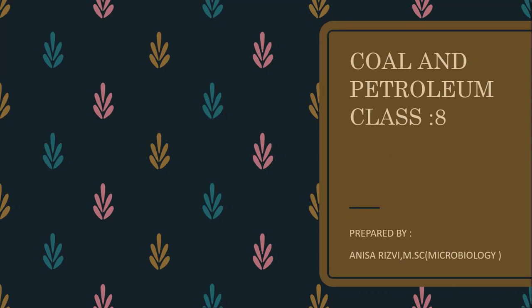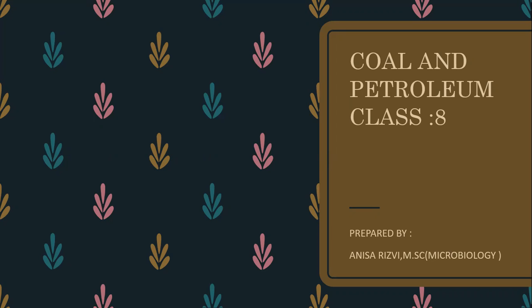Coal is primarily used as a fuel. While coal has been known and used for thousands of years, its usage was limited prior to the industrial revolution. Then slowly we began using it in different ways.